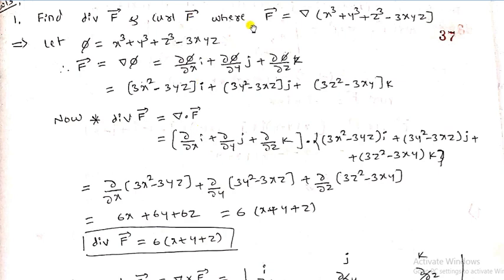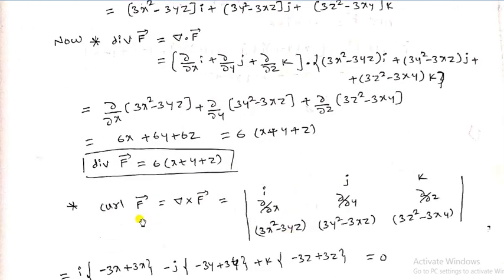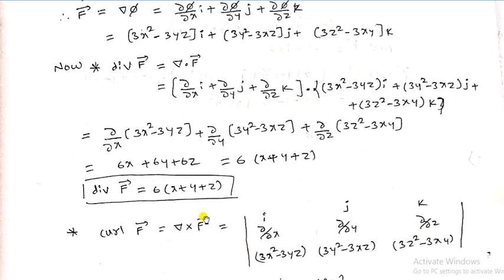Now curl of f. We know the definition of curl: del cross f gives the curl of f. Its formula is the determinant of i, j, k, then del, meaning dou by dou x, dou by dou y, dou by dou z, and vector f.